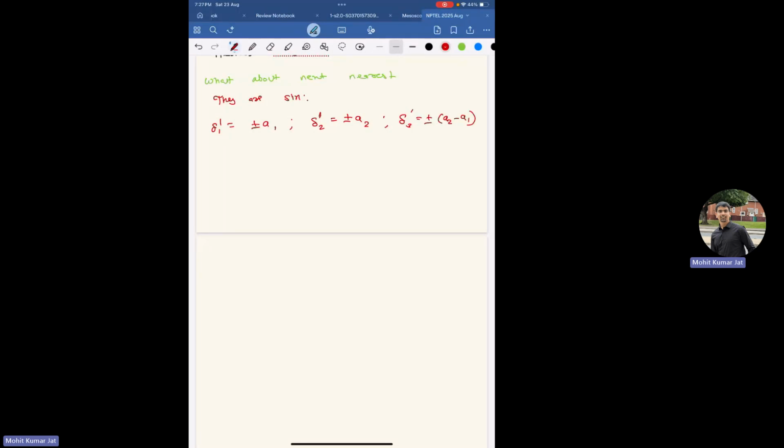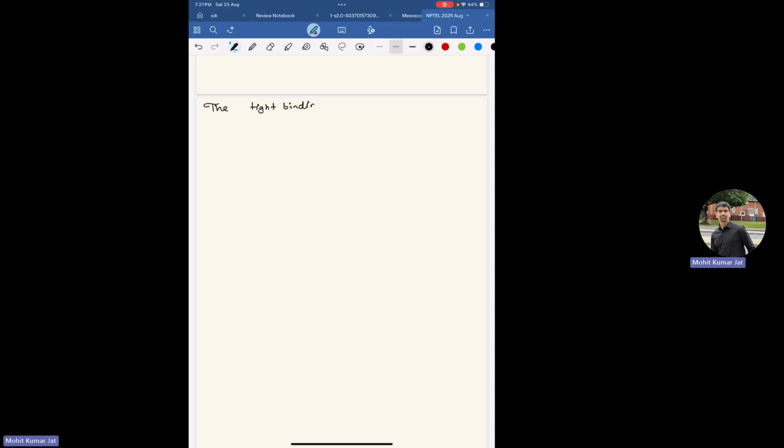So the tight binding Hamiltonian for electrons in graphene, considering that electron can hop to both nearest and next nearest.